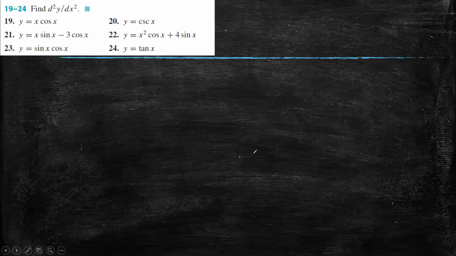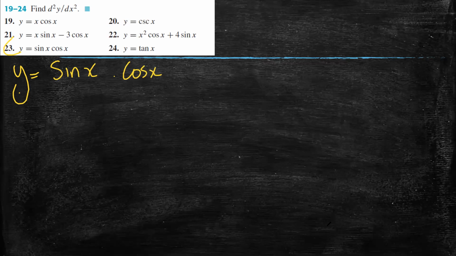In the second. Now number 23. y is sine x times cosine x. I need now to find the first derivative. So dy over dx, it will be the same step. I will name this f and this g.